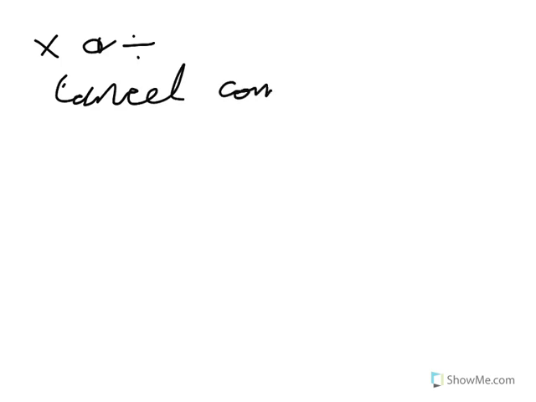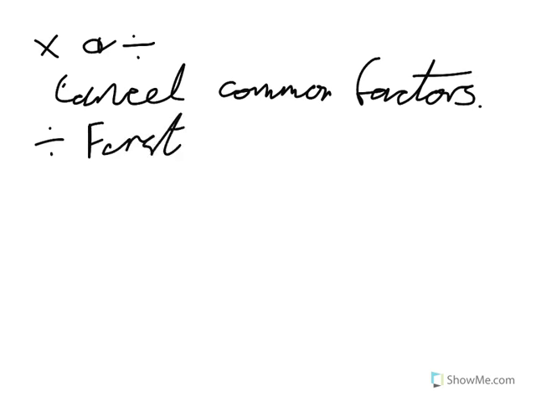Of course, we can also multiply and divide, and again, multiplying and dividing is the same. Here we cancel common factors if we can, and for division, we need to first flip and multiply.